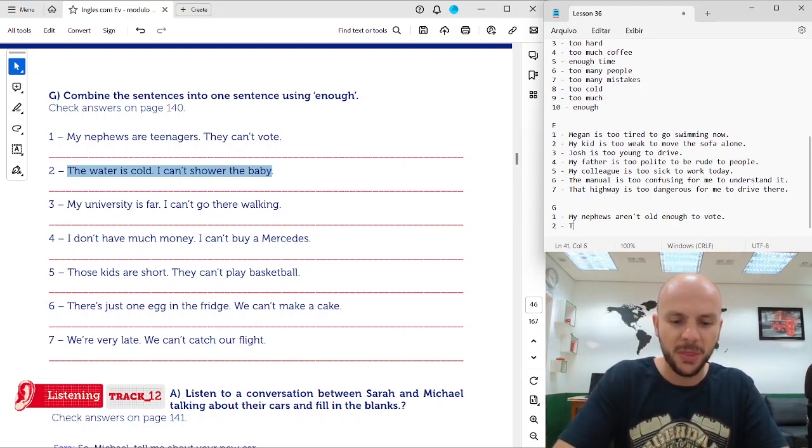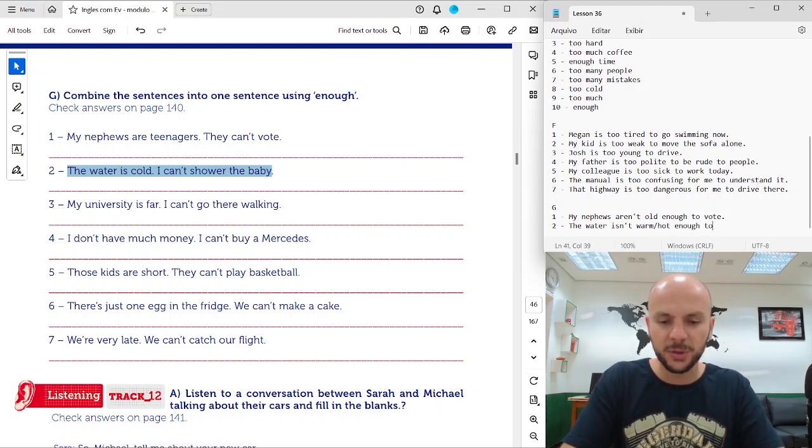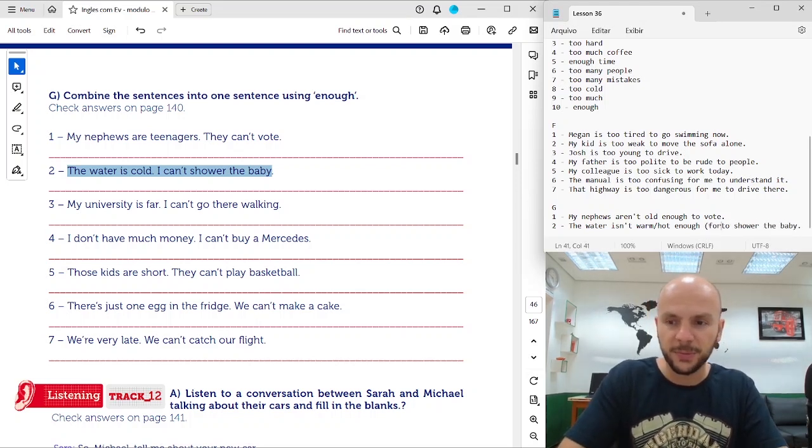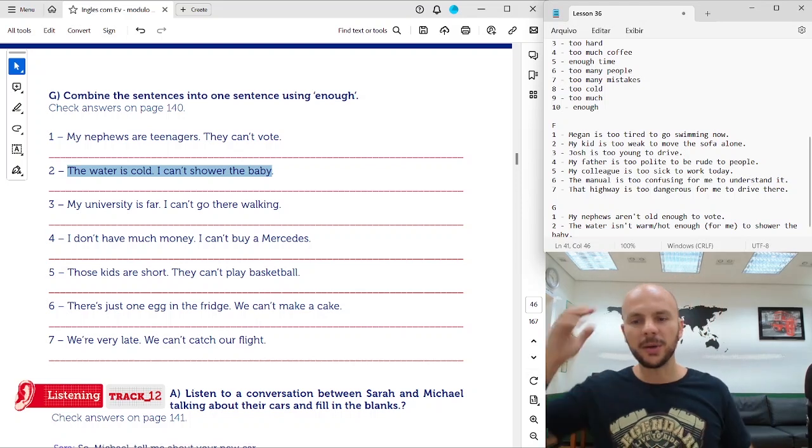The water isn't warm or hot, doesn't matter, enough to shower the baby. Okay? Or if you want, for me to shower the baby.